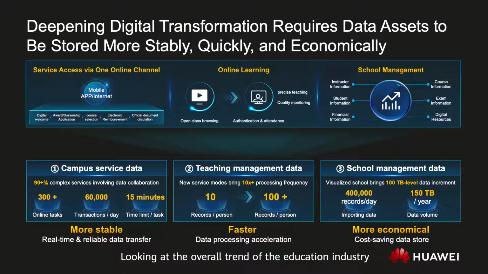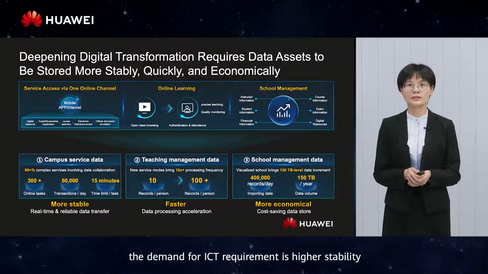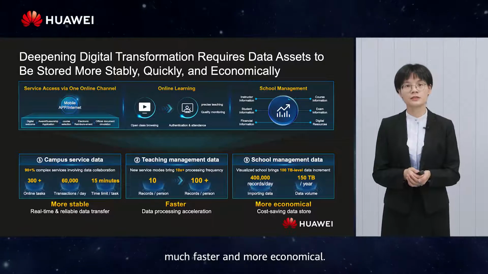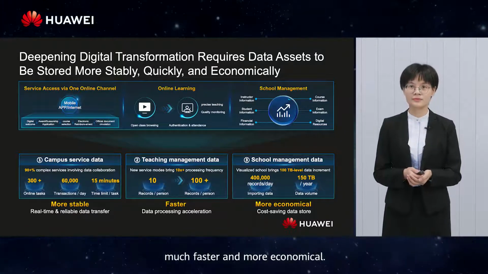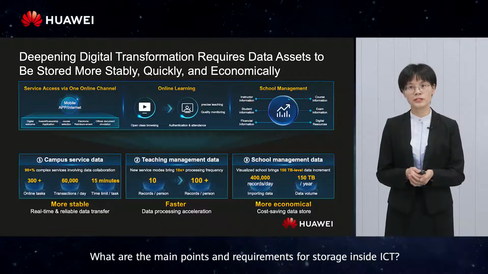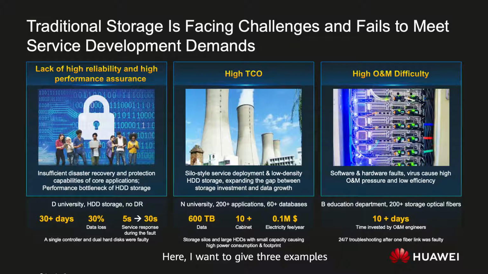Looking at the overall trend of the education industry, the ICT requirements are higher stability, much faster speed, and more economy. What are the main points and requirements for storage inside ICT? Here, I want to give 3 examples.